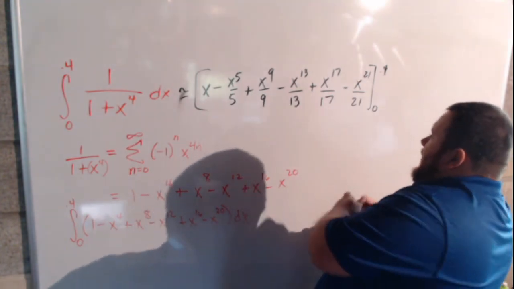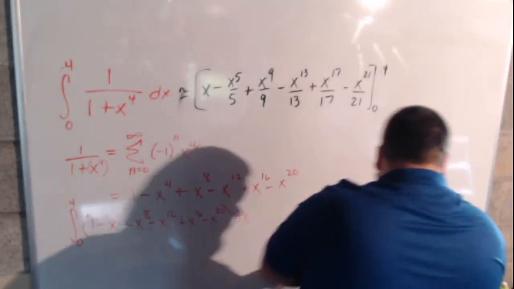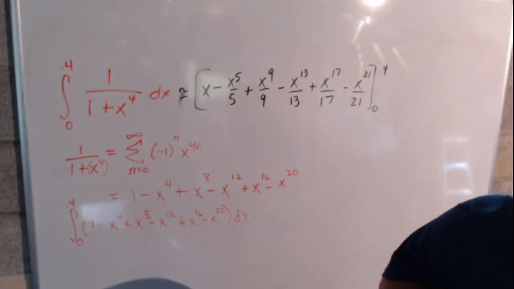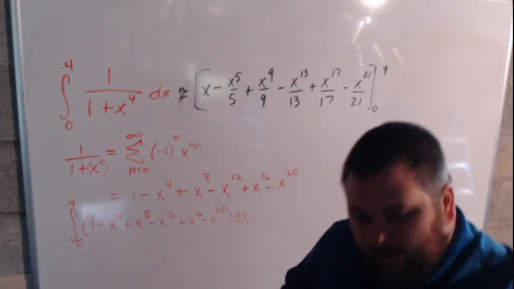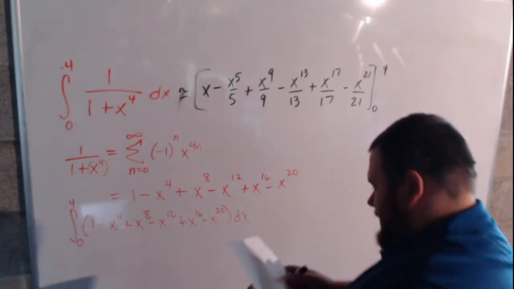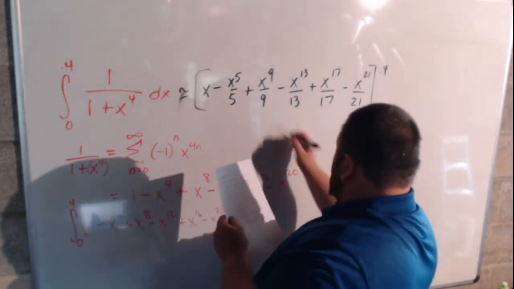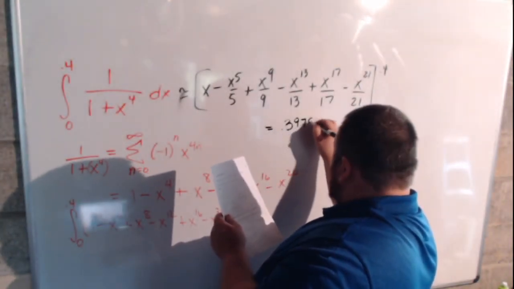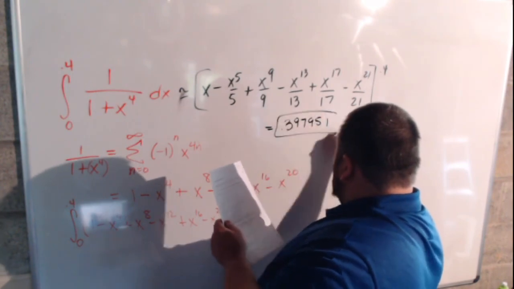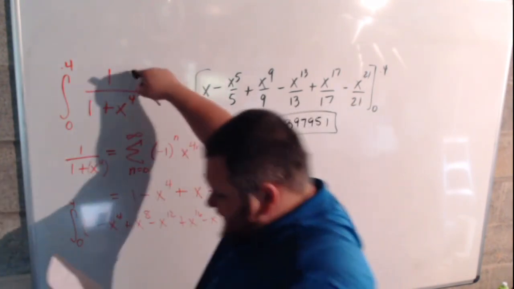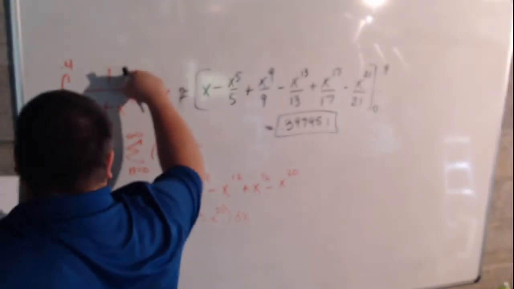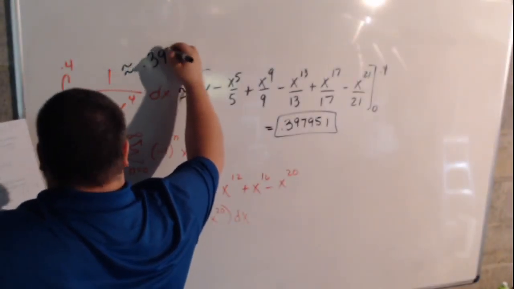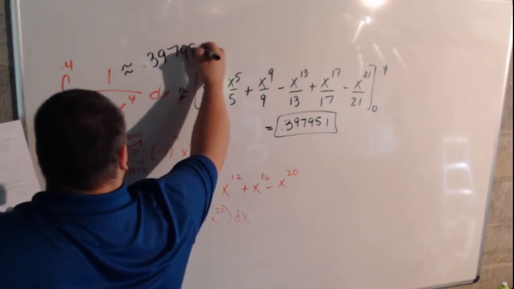So really I just got to plug 0.4 into all of those, and I'll spare you the calculation. So this is 0.397951. And if you were to plug this original integral into your calculator and do the FNINT, you get 0.397981.